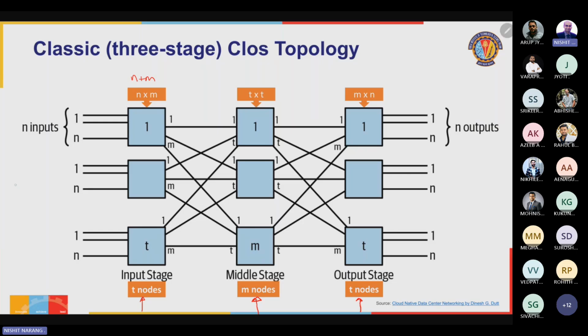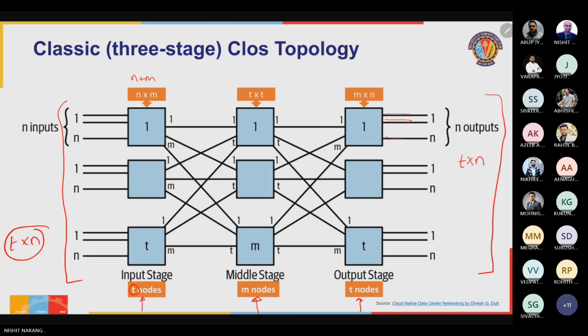How many inputs in total do I have? If I have T nodes, I have T cross N total telephones on the input stage. Correct? That's T cross N. If you look at the output, once again, I have T output nodes and there are N outputs coming out of each output stage. I can use the output stage to connect to how many telephones towards the end? Once again, T cross N. Okay.